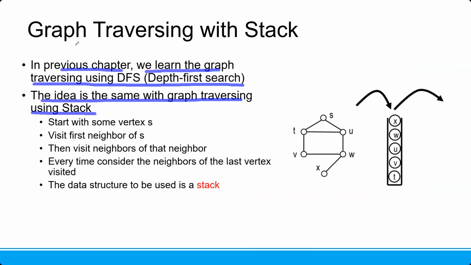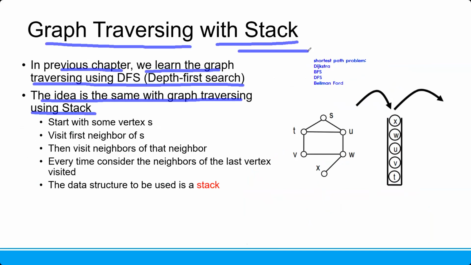Until now, I think in most of the team projects, when you do the shortest path problem, most of you try to use Dijkstra, BFS, DFS, or Bellman-Ford. Okay, this is good. But if you want to have another challenge, you can try with stack.